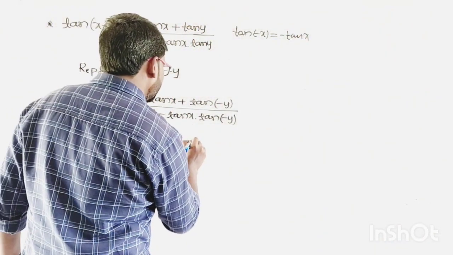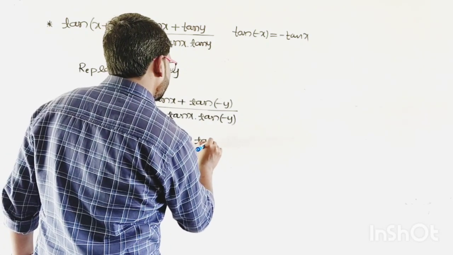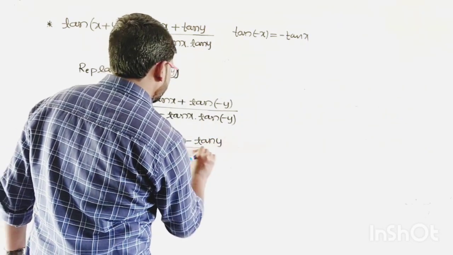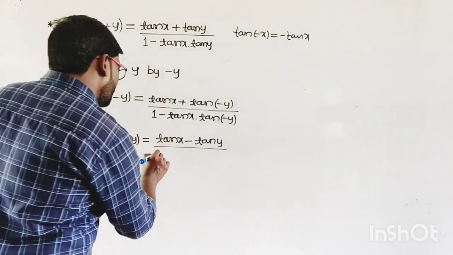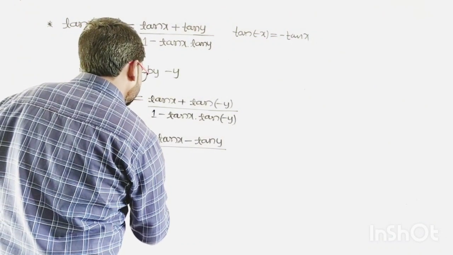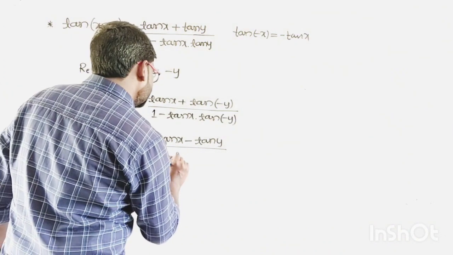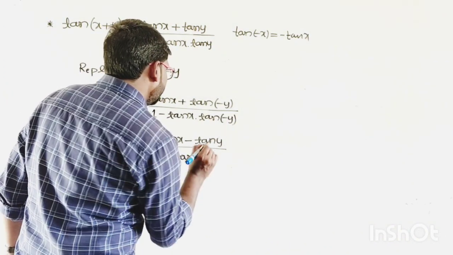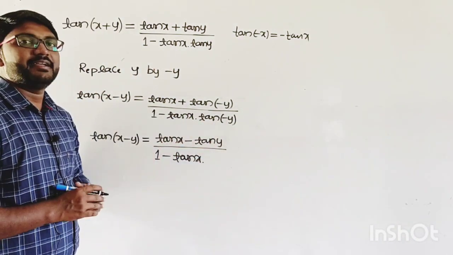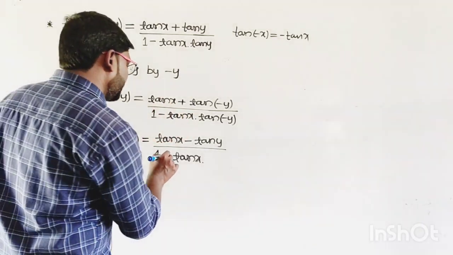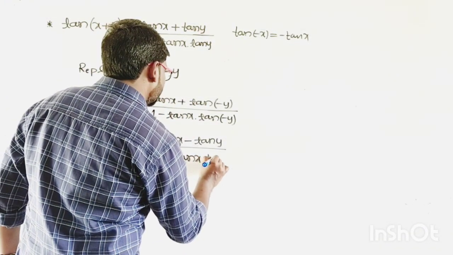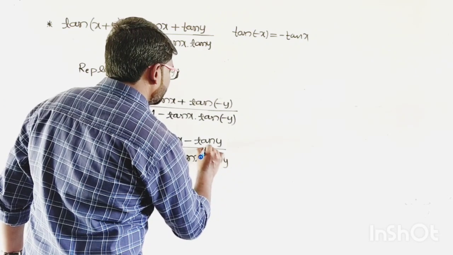So here we get minus tan y divided by 1, I write it as it is, then minus as it is, then tan x into tan of minus y, it is minus tan y. Minus into minus becomes plus, so we get tan y.